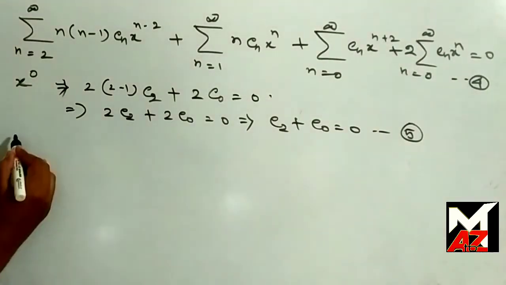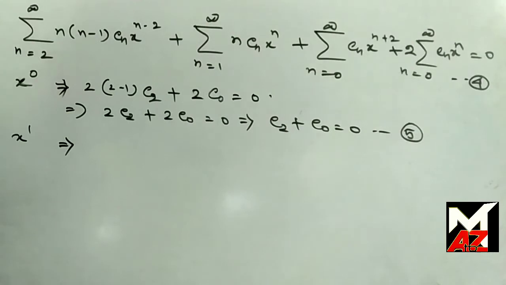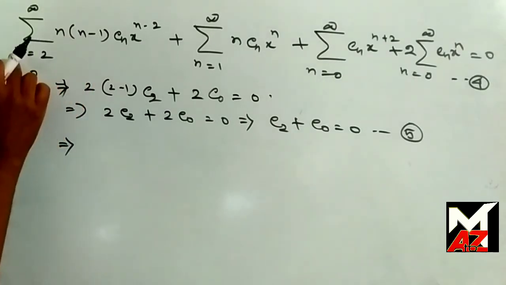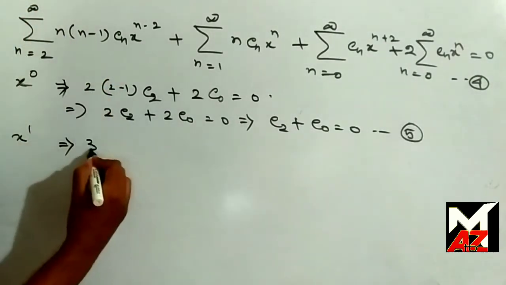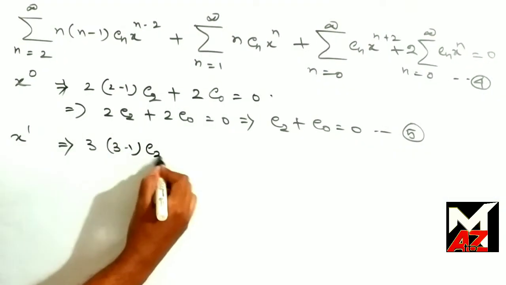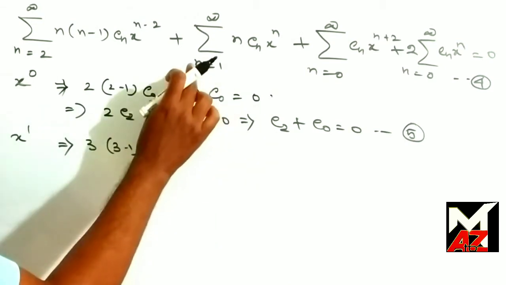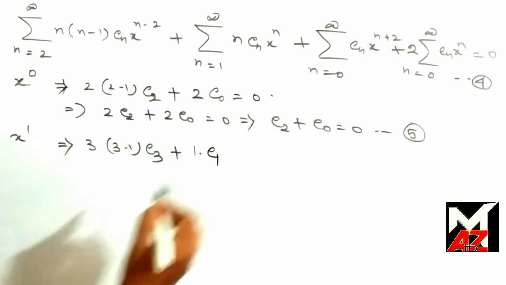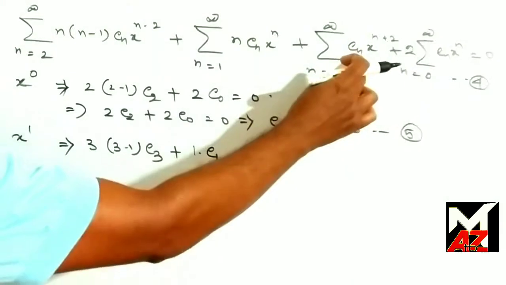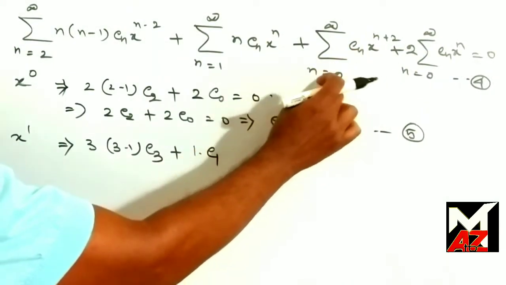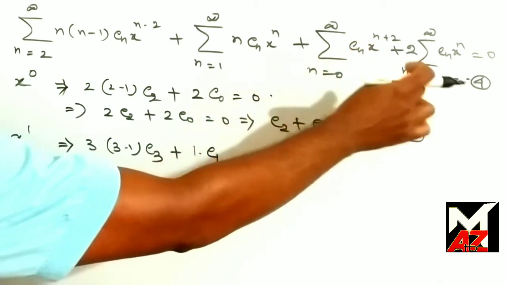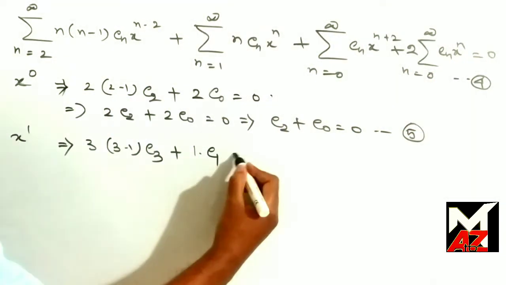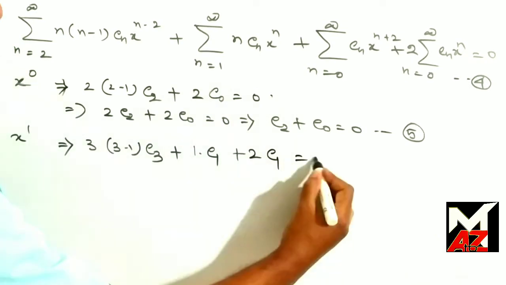Now equating the coefficient of x to the power 1, to get x to the power 1, here we put n equal to 3, because n goes from 2 to infinity, so we get 3 into 3 minus 1 into C3, plus, here n equal to 1 gives x to the power 1, that is 1 into C1, and here if we put n equal to 0 then this is not x to the power 1, and here we put n equal to 1, then we get x to the power 1, that is plus 2 into C1, this is equal to 0.